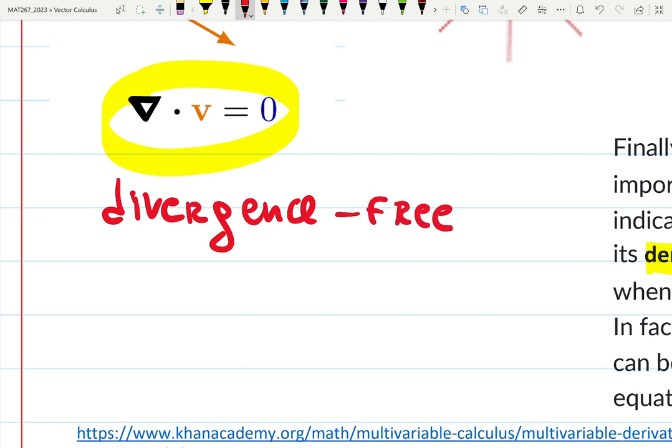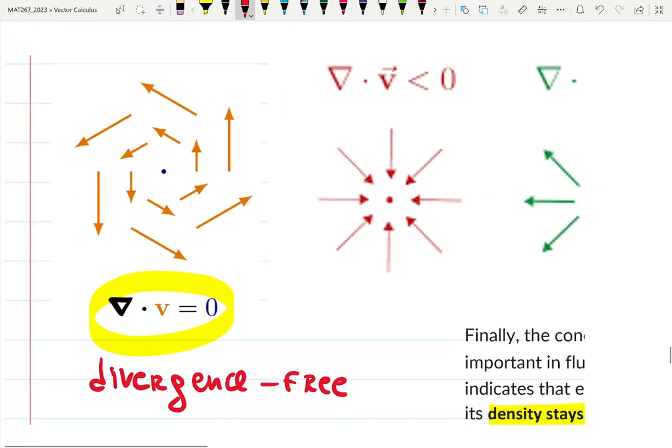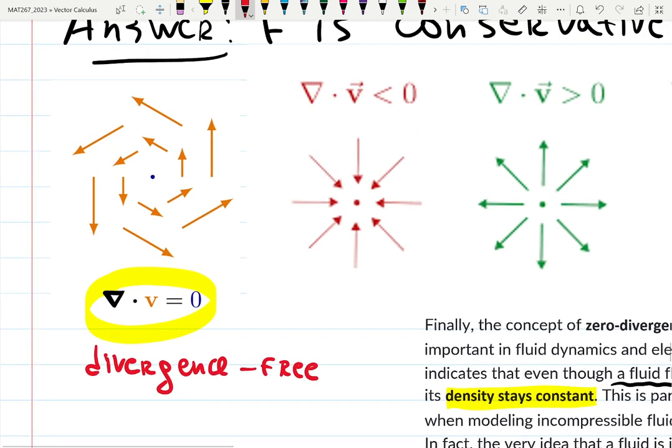That means the distance between particles stays the same. So that's about divergence, div. Even if something is swirling, so we're not talking about curl anymore, we're talking about the distance between particles. The distance between points stays the same. So that is an example of incompressible fluids or behaviors, when you don't shrink and also don't stretch: divergence free.